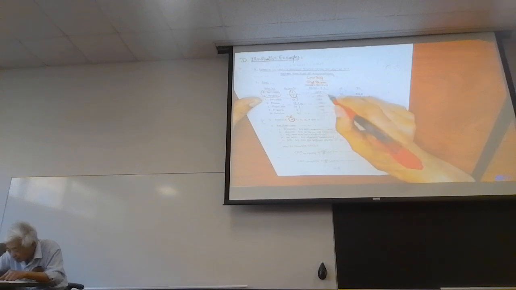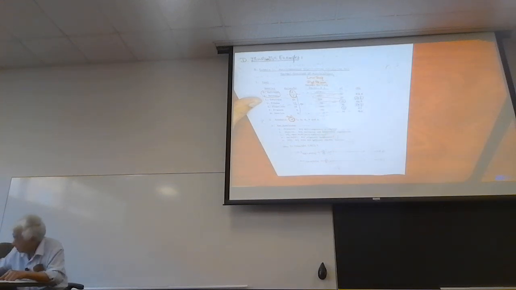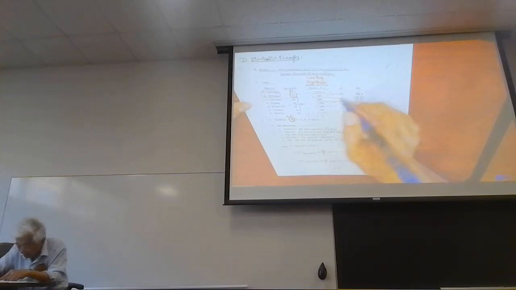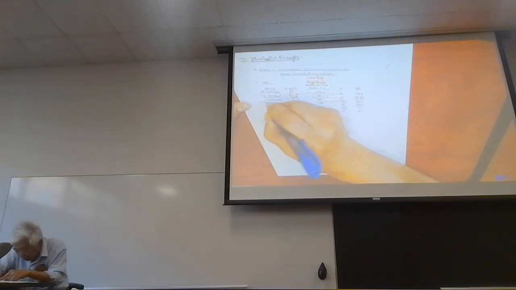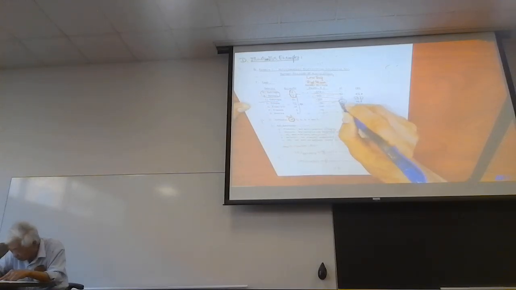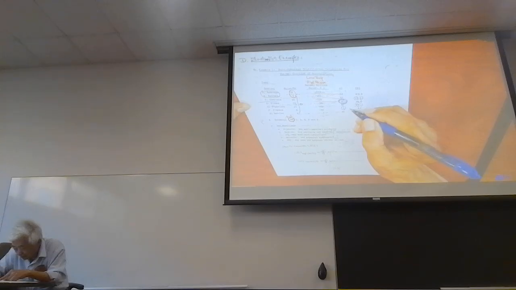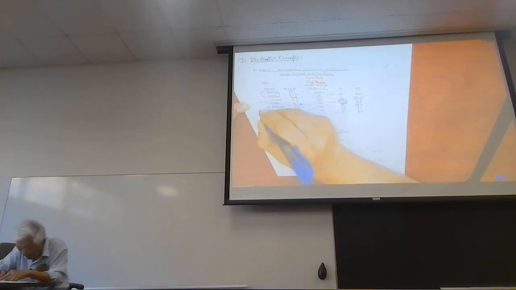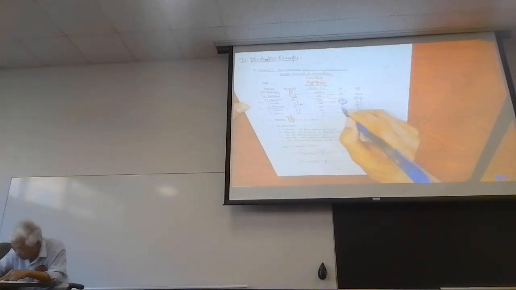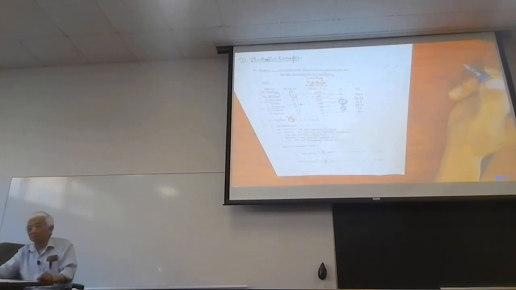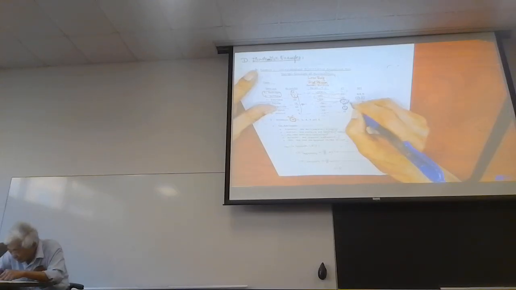How about delta T? You find out the split between C and D is difficult, and between E and F is difficult. Those are allowed splits.